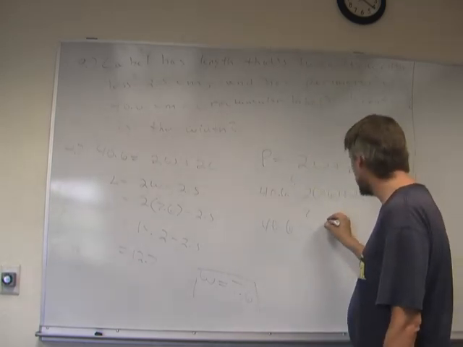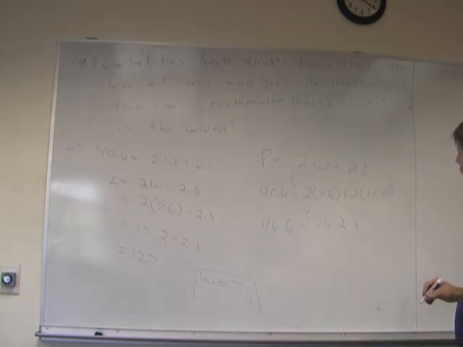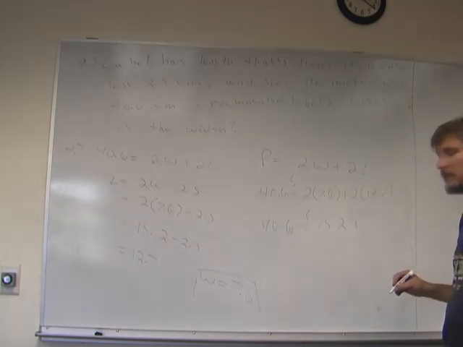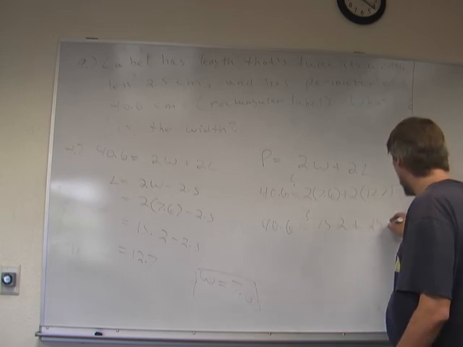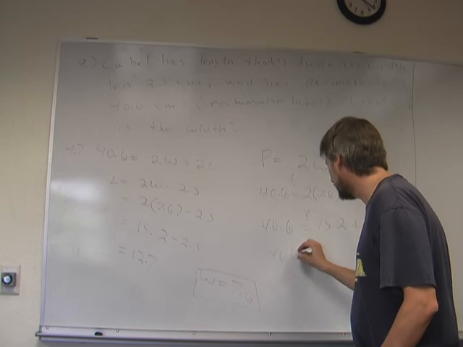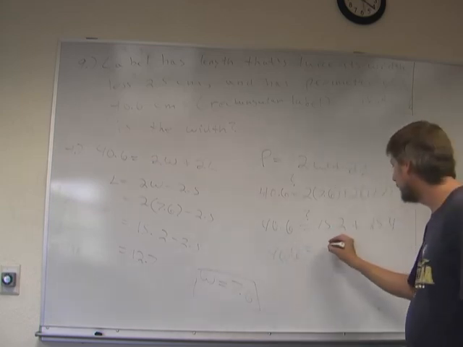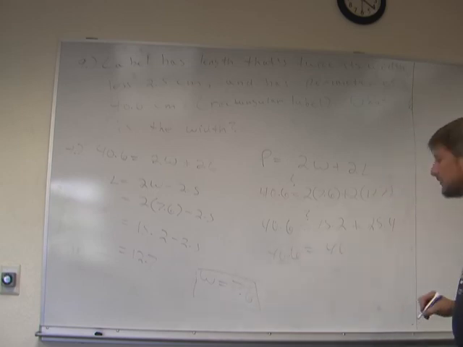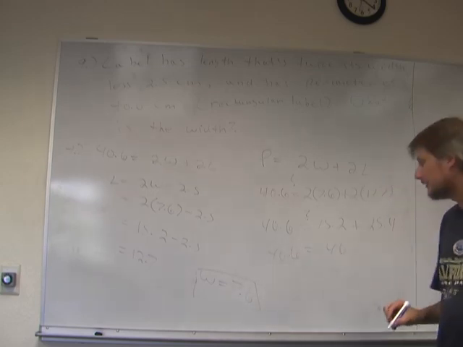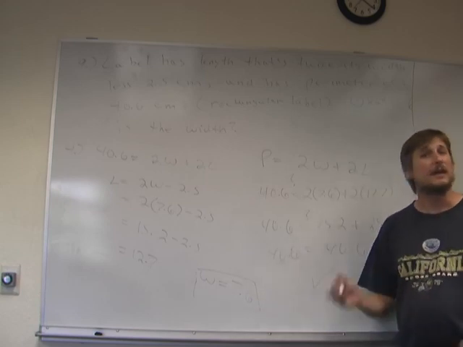Is that equal to 15.2 plus 25.4? Well, 15 plus 25 is going to be 40. And then 0.2 plus 0.4 is going to be 0.6. So it checks out. Our answer is good. And that's how you do number 9.